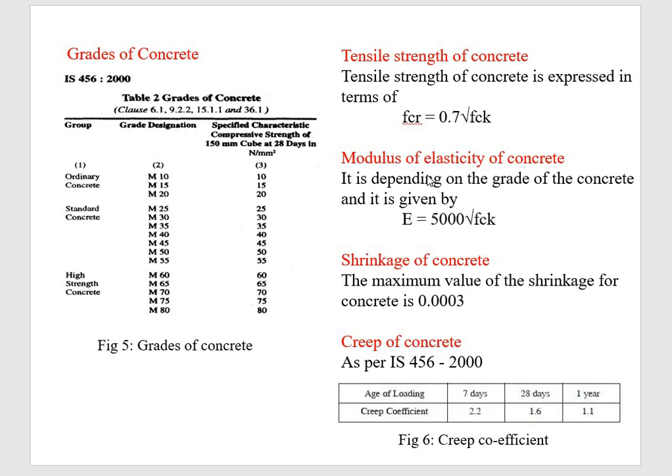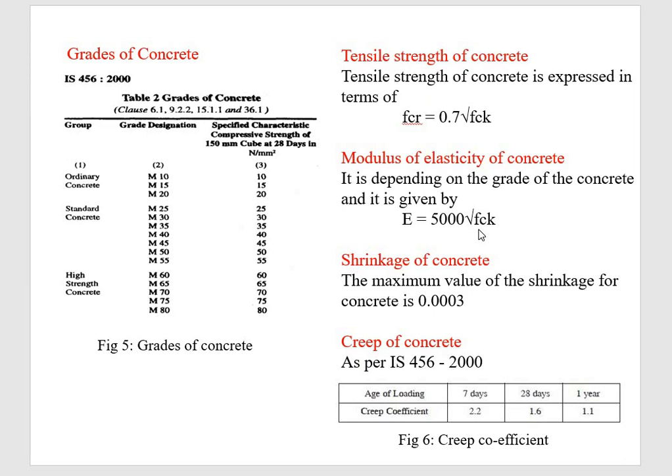Next one is modulus of elasticity of concrete. Even this E value will keep on changing depending on the grade of concrete, and it is not the same as steel. Modulus of elasticity of concrete formula is E is equal to 5000 root of fck, where I said fck is nothing but grade of concrete.